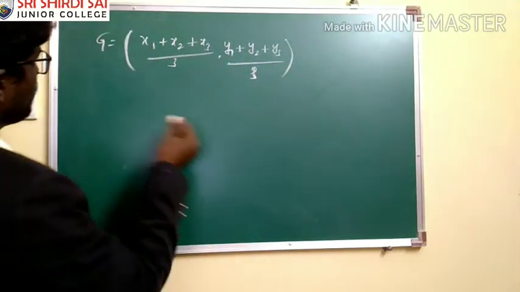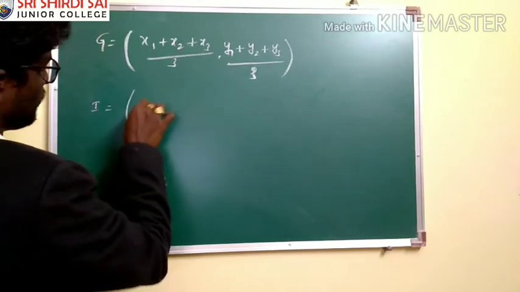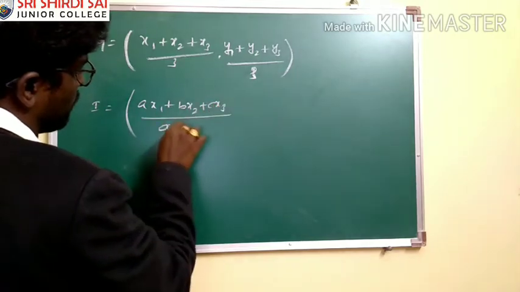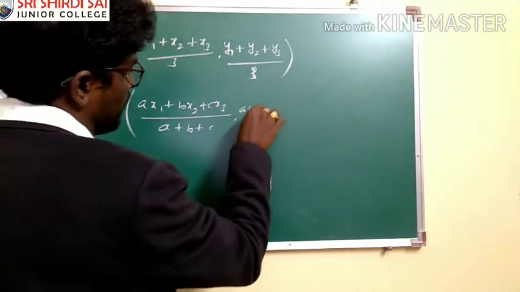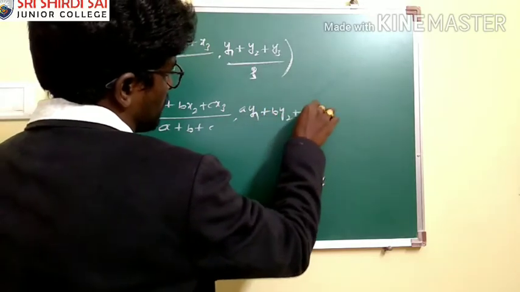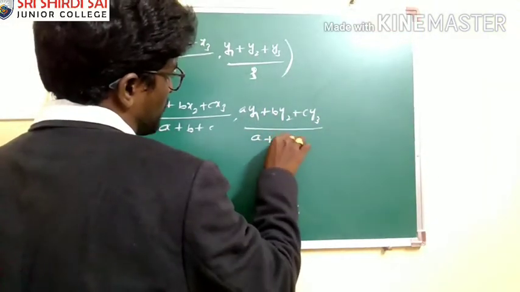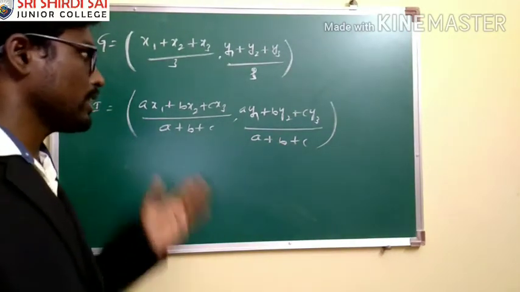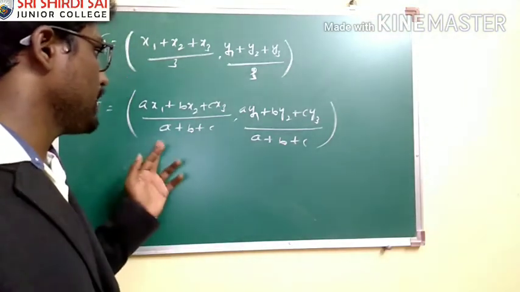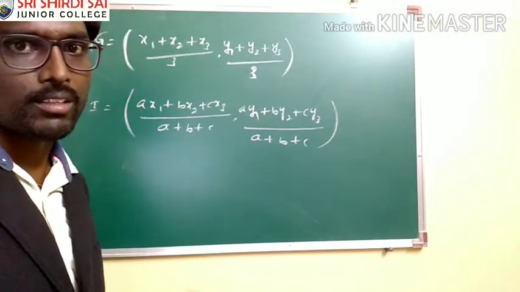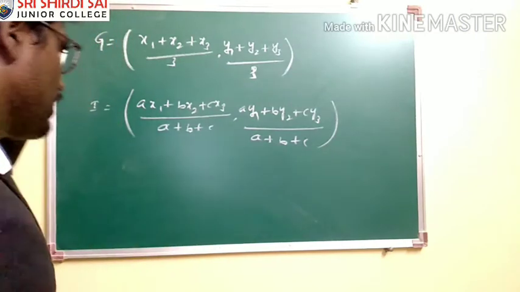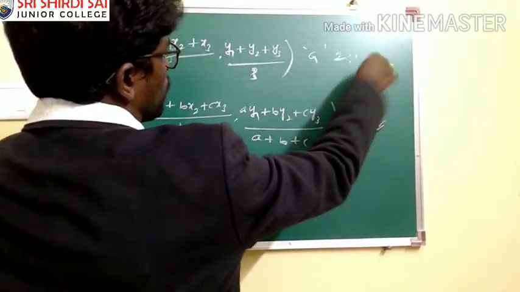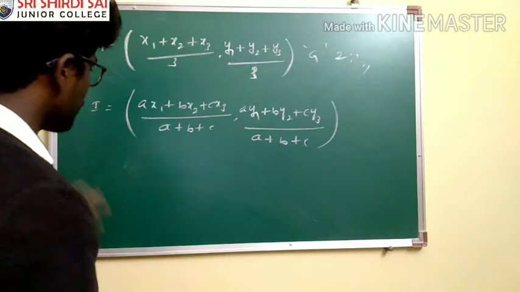And the coordinates of the incenter are given by (ax1 plus bx2 plus cx3) by (a plus b plus c), and (ay1 plus by2 plus cy3) by (a plus b plus c), where x1 y1, x2 y2, and x3 y3 are the coordinates of the vertices, and a, b, c are the lengths of the sides of the triangle. Fine. And here another valid point is: G divides the medians in what ratio? 2:1 ratio. This is a very valuable point.